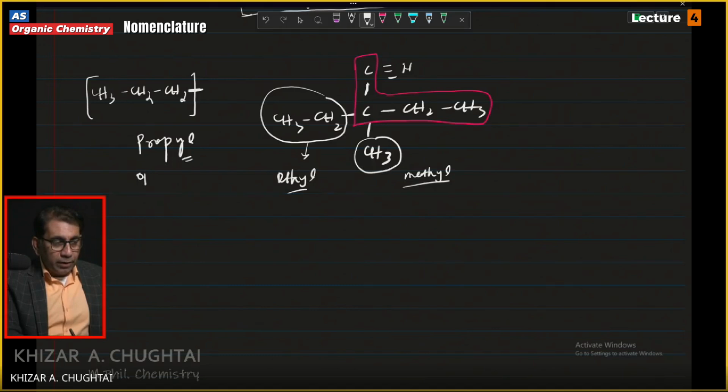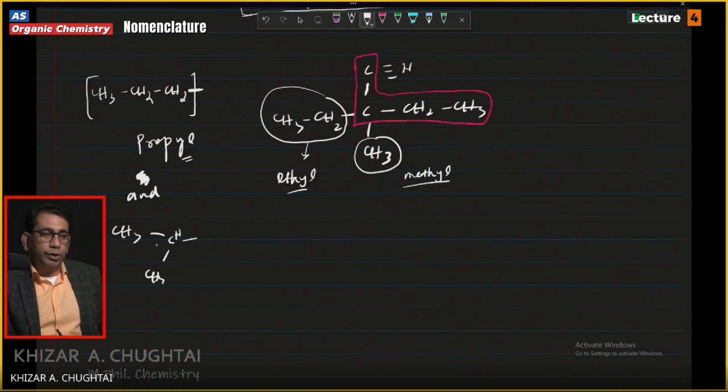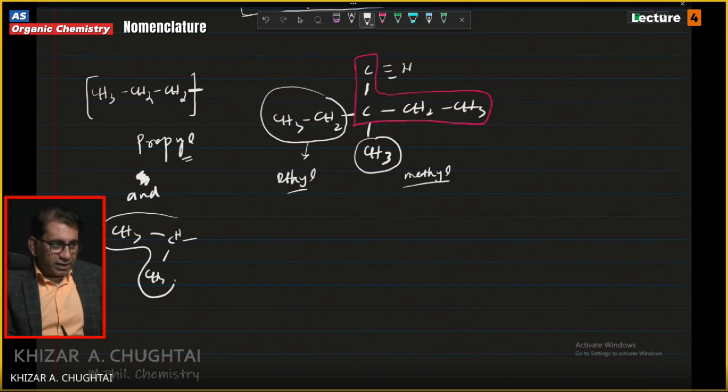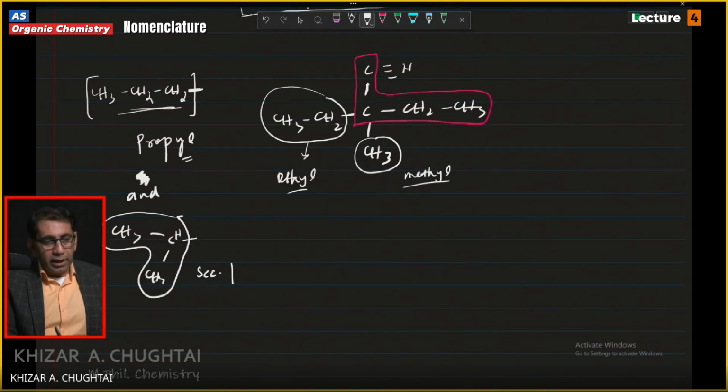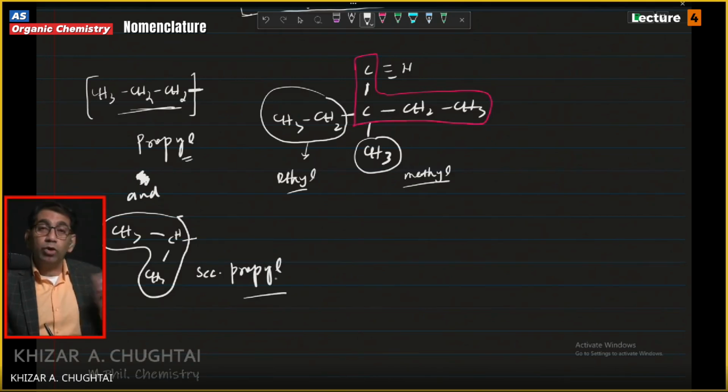There is another possibility: if you connect three carbons, but from the middle of the carbon to the longest chain, these two branches are not the same. These two groups are actually not the same, although they have the same carbon and the same hydrogen, but their names are not the same. It is called secondary propyl.